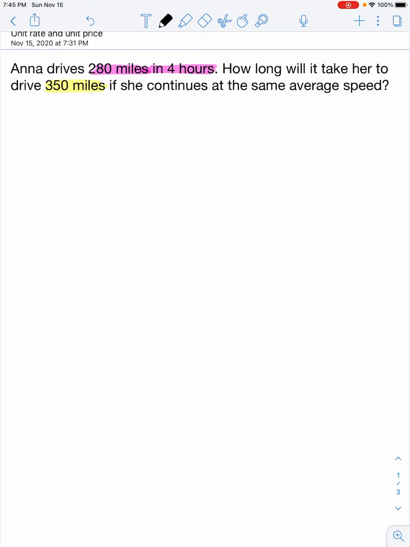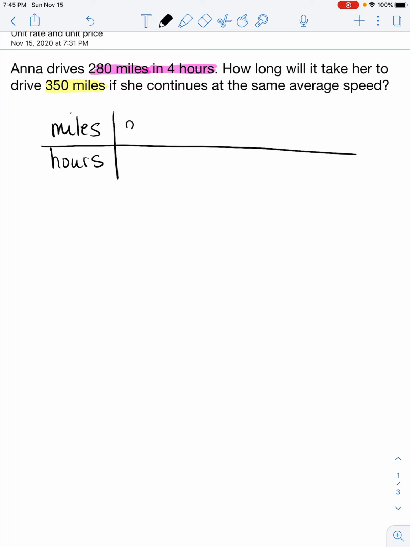And what are we comparing? We're comparing miles to hours. Okay, and what do we know? We know she goes 280 miles in 4 hours. And usually in a ratio table, we're looking for relationships based on multiplicative reasoning, which is common factors or greatest common factors, and multiples, common multiples.